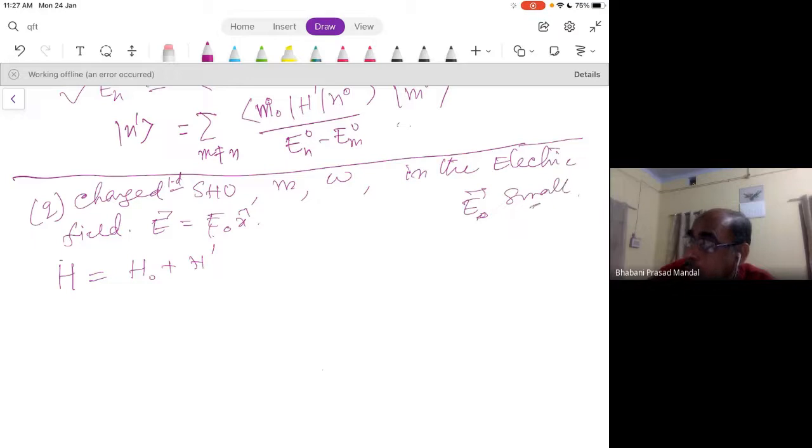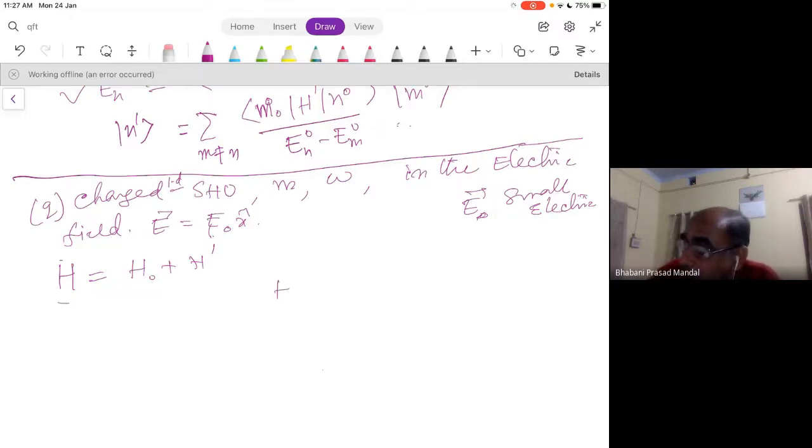So this problem you can solve only for a small electric field, so there is no need of lambda. Otherwise, if you are not sure, then you put in a lambda, and at the end you can take lambda equal to 1 to get the result. So first thing you have to find is the Hamiltonian.